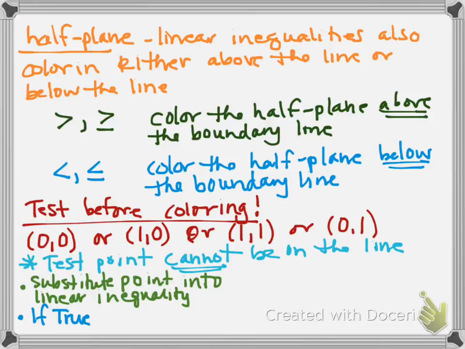So it's not as simple as it equals, because in the equations it was 5 equals 5. Yes, that's true. This one, it could be 5 is less than 4. False. Could be 7 is greater than 1. Yes, true. So it just kind of depends on the problem. So if true, color the half that includes the point.